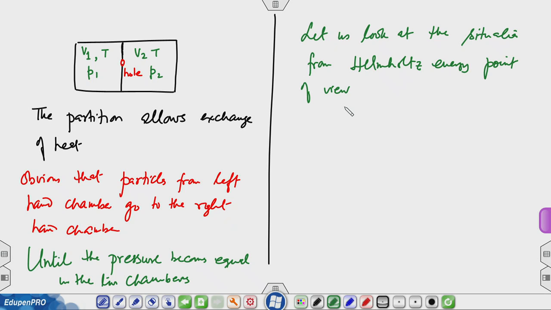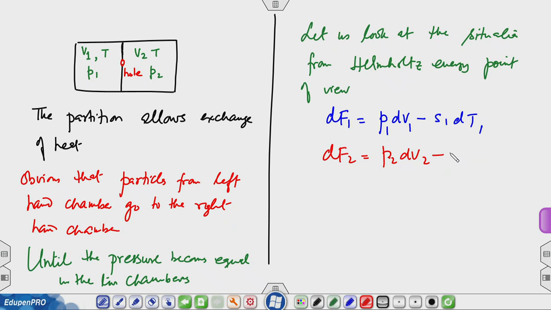Then on the left-hand side, I have dF1 equals minus P1 dV1 minus S1 dT1, and on the right-hand side, I have dF2 equals minus P2 dV2 minus S2 dT2.